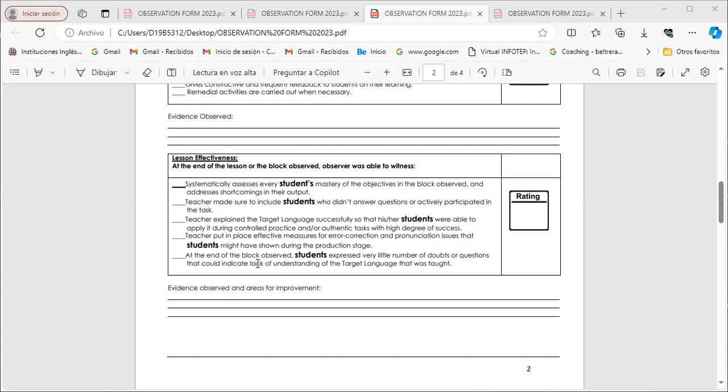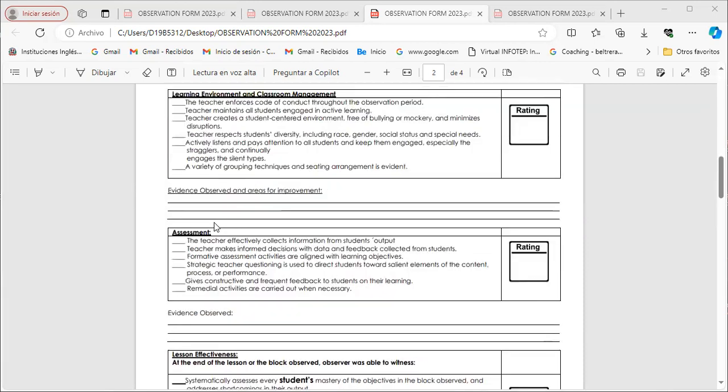If the teacher put in place effective measures for error corrections and pronunciation issues that students might have shown during the production stage. At the end of the block observed, students expressed very little number of doubts or questions that could indicate lack of understanding of the target language that was taught.